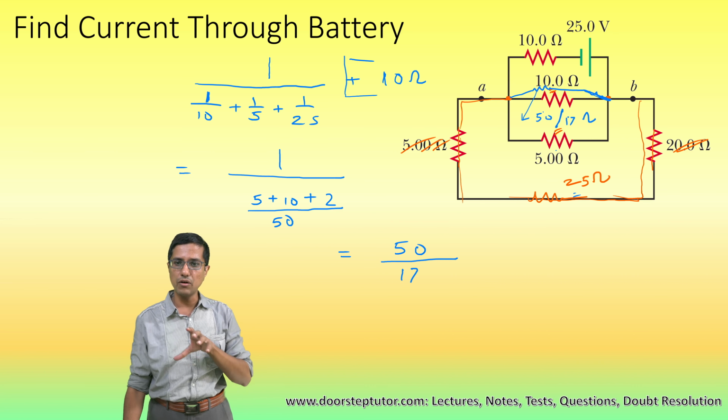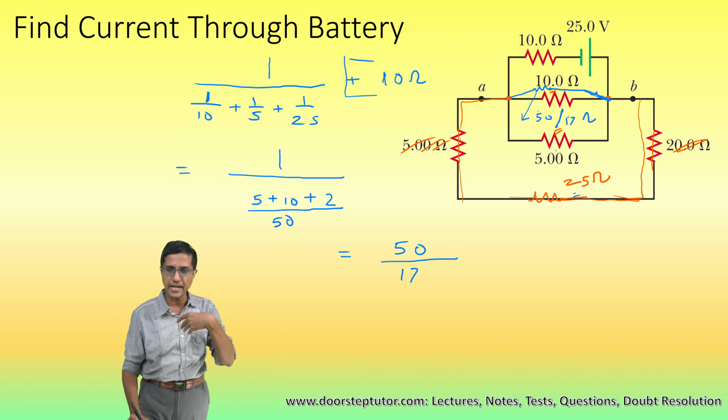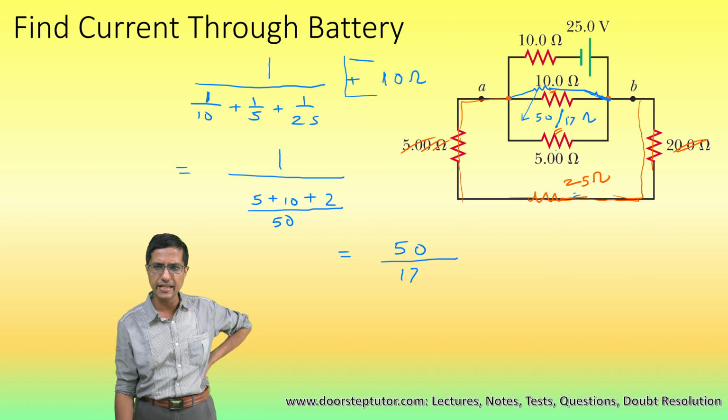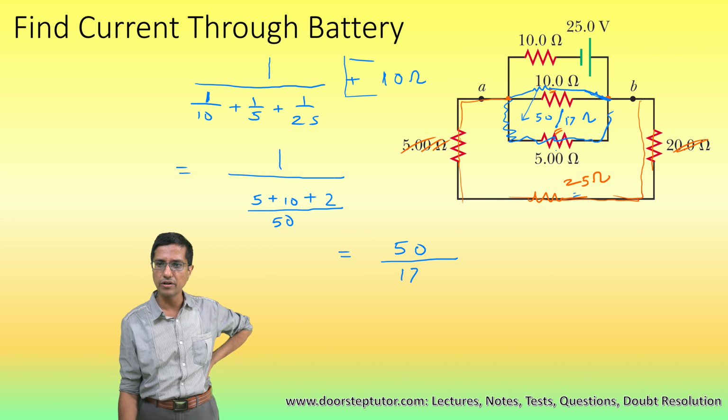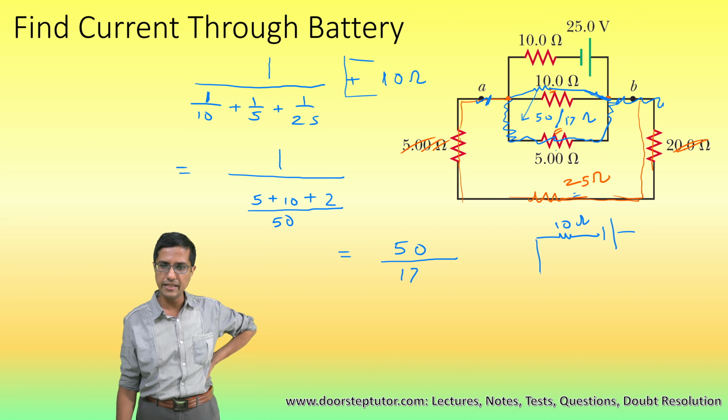The thing to note here is that all of the rest of the circuit is gone. We have just simplified it, and now we are left with only this much circuit. There is a 10 ohm resistance, and then our new resistance which is 50 by 17 ohm, and the circuit just ends there.